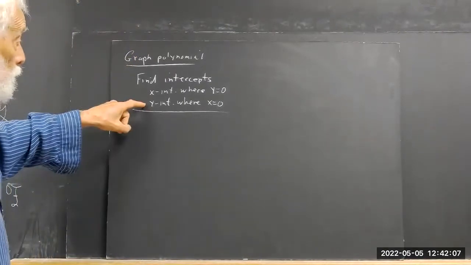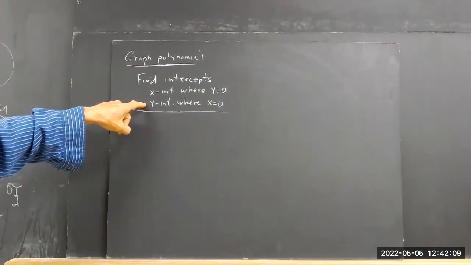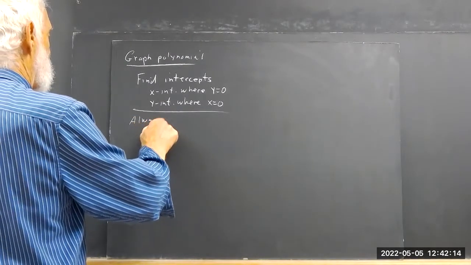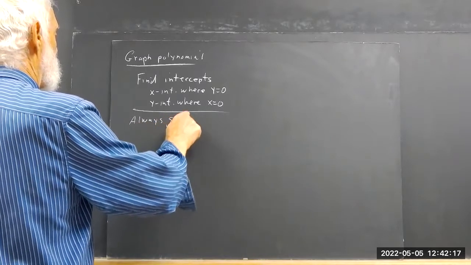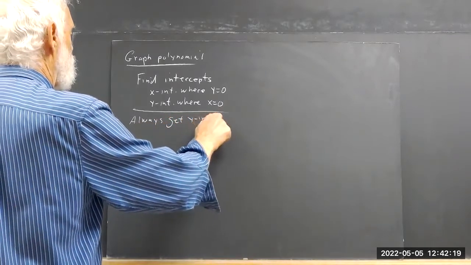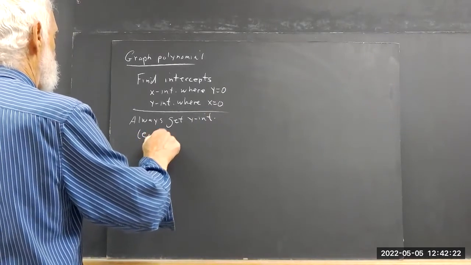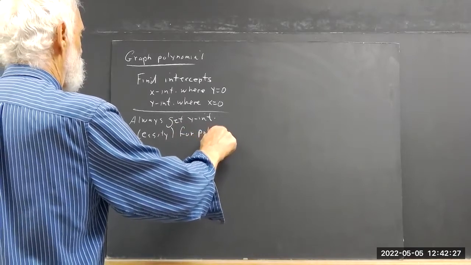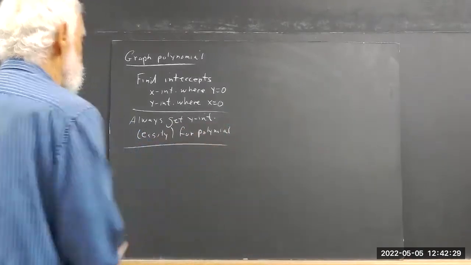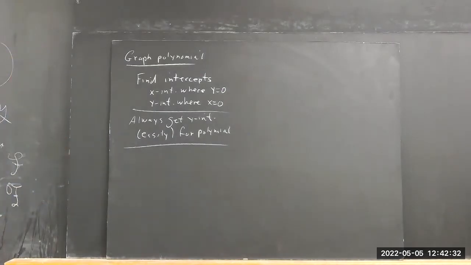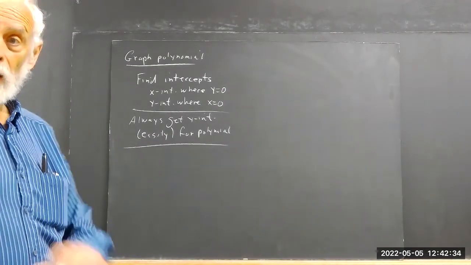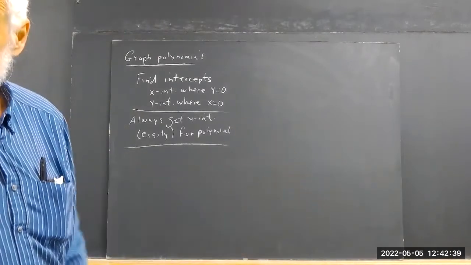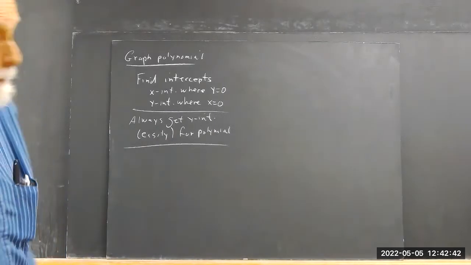So if it's a polynomial, you always get this, okay? And you should understand why you always get the Y-intercept, because you plug in X equals 0, everything that's got an X in it is going to give you 0. And what you've got left is just that number at the end. There's your Y-intercept. Okay.